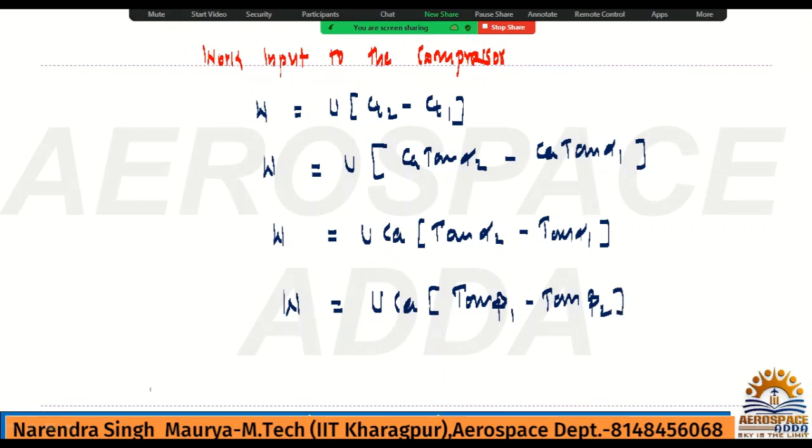Last class I had nicely explained what alpha 1 and beta 1 are, so everything you know now. In the question, what angle is available? If they have given beta 1 and beta 2, or if they have given alpha 1 and alpha 2, based on that you use the formula and calculate this work. It is the work input.